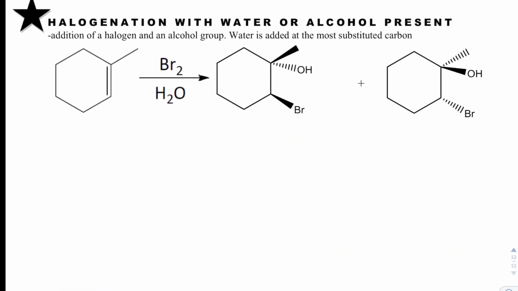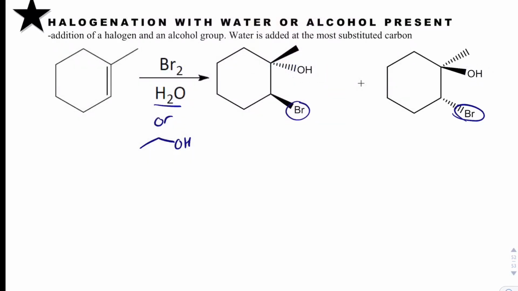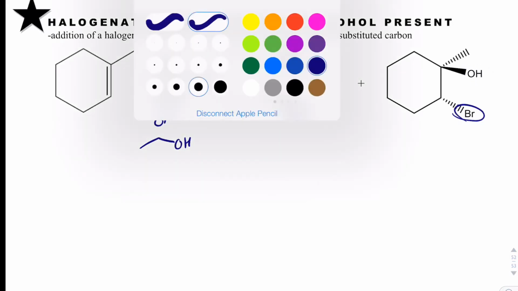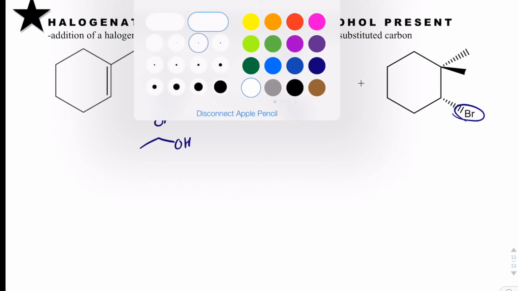Same thing here is we could have bromine dissolved in water. We obviously add the halogen to the least substituted, and then we'll add an alcohol group if it's water, or we could have something like ethanol. And if this were ethanol, how would this change? I'll show you really quickly. The H would go away, and we'd simply just have an ether group.